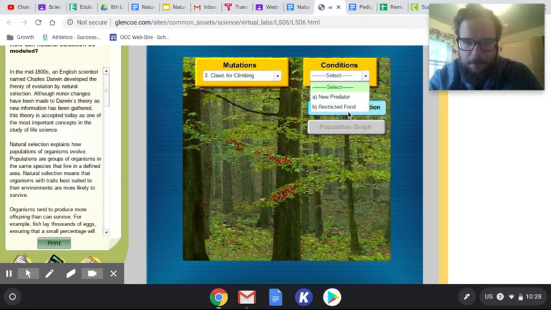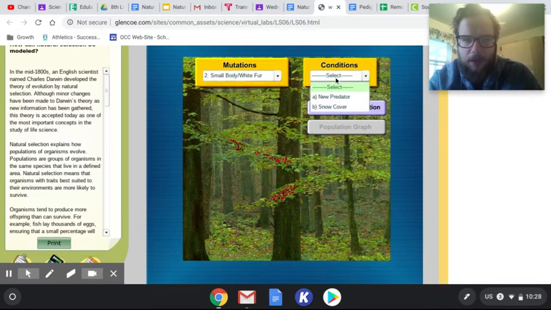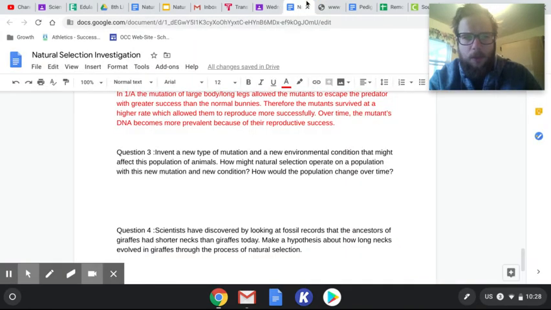So I want to see what hasn't been talked about. So restricted food, new predators, snow cover. Does it have a different one? No, new predator. Okay, so here's my initial thought was when I see forest and I think what could change.